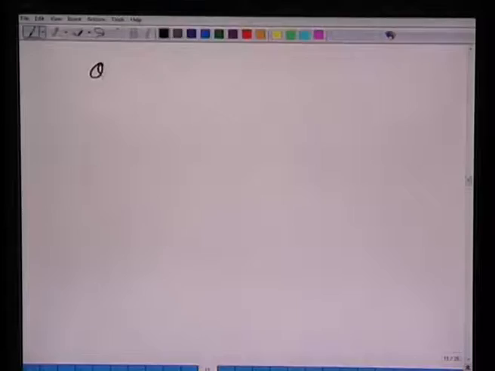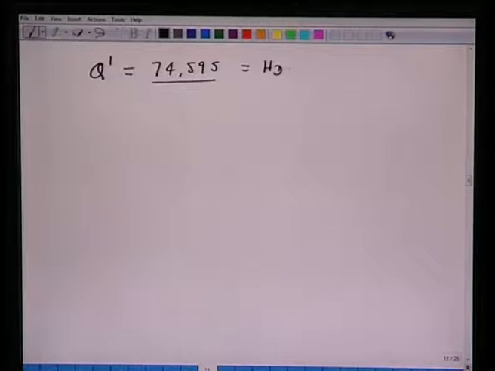Once we know this Q dash or del D, we can calculate now the condenser load or the heat at the condenser, which is calculated as Q dash, 74,595, which you have calculated or you have read from the graph. This will be equal to HD plus QC over D. HD we know, 3,640.